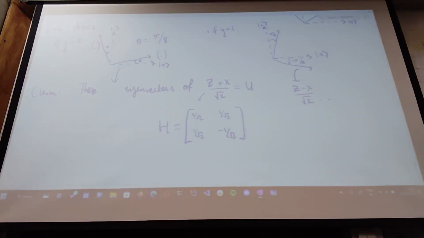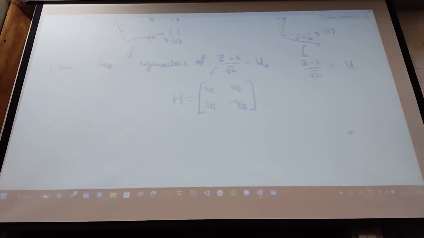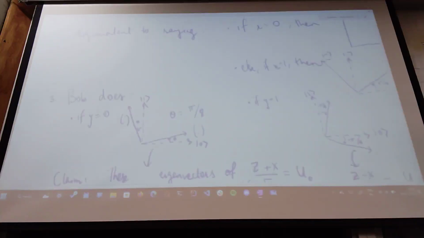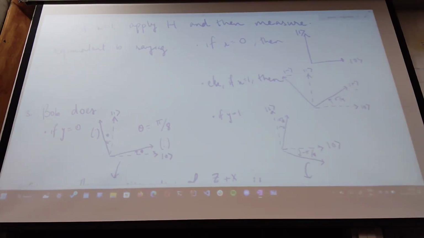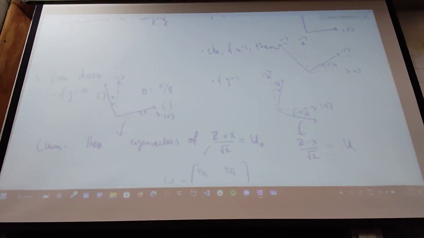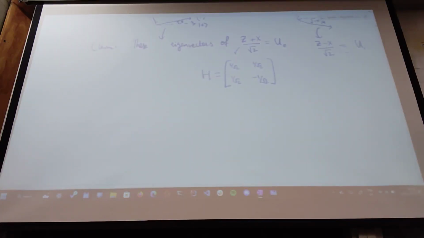If you label these as U0 and U1, since these are the eigenvectors of some unitary matrices, you can prepare them in practice, although I won't give the preparation right now. But let's move on to the proof of why the success rate for this is greater than 3/4 in the limited time we have.